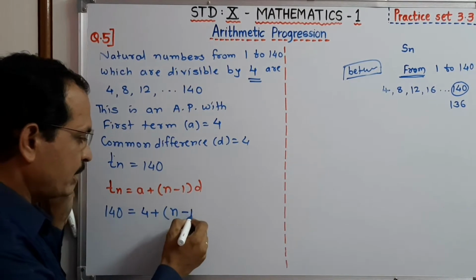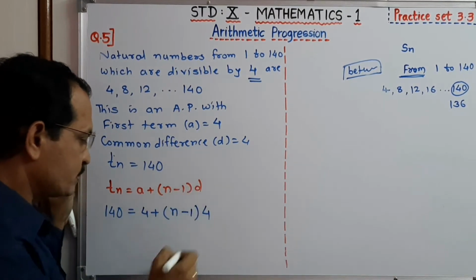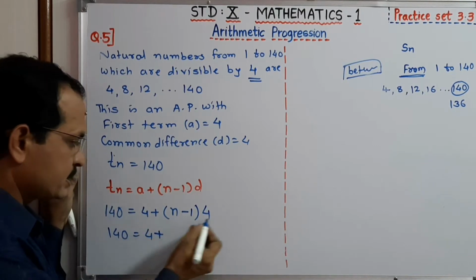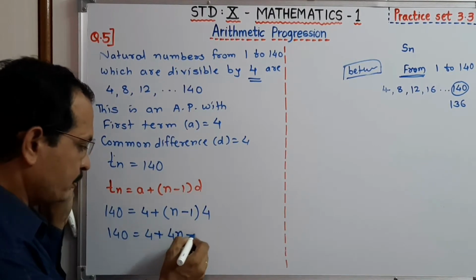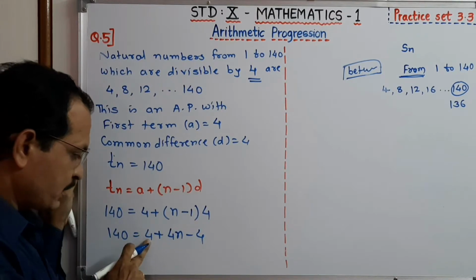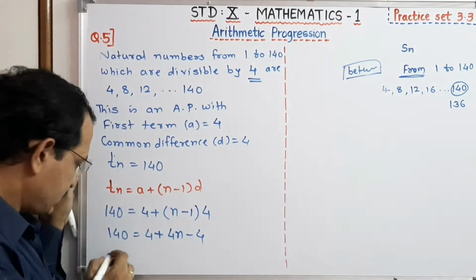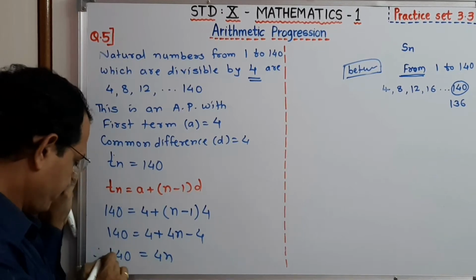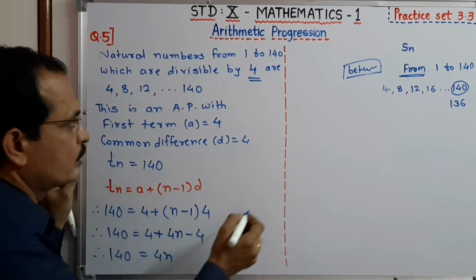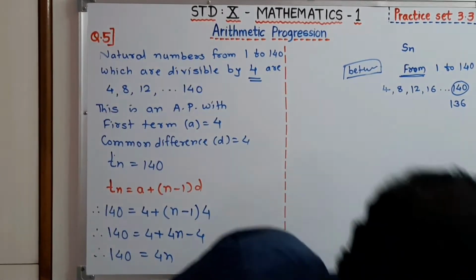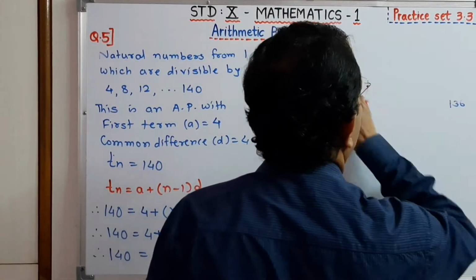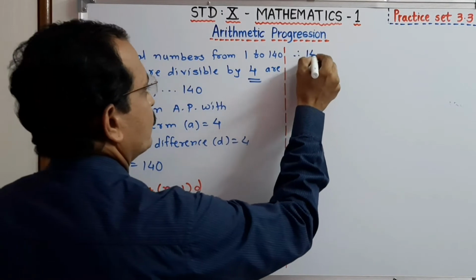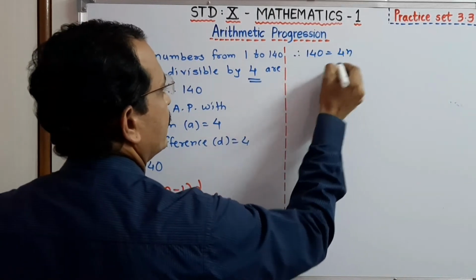Therefore n minus 1 into common difference 4. Therefore 140 is equal to 4 plus n into 4 minus 4. Now this plus 4 and minus 4 get cancelled. Therefore 140 is equal to 4n.